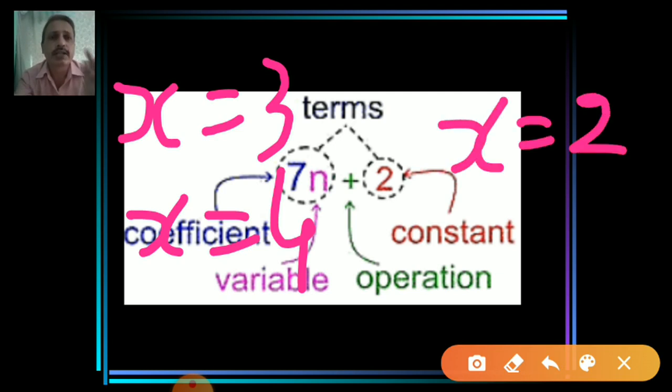So here each and every time the value of x is changing. That's why it's a variable. But 3, 2 and 4 are fixed values. They never change. Understood? 2 always remains 2. But in this example, x changes its value each time.